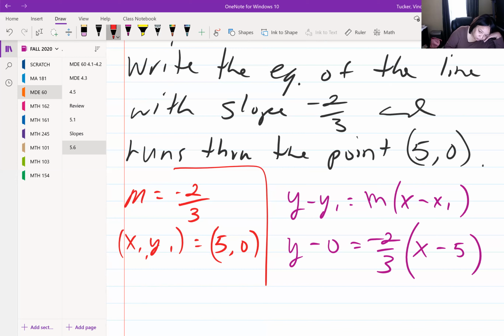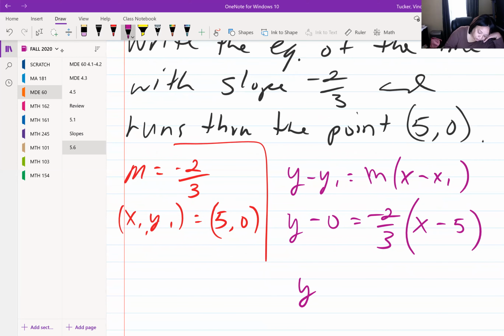All right. So y minus 0 is just y. Then -2/3, distribute into your parentheses. So it's -2/3 x, then -2/3 times -5.